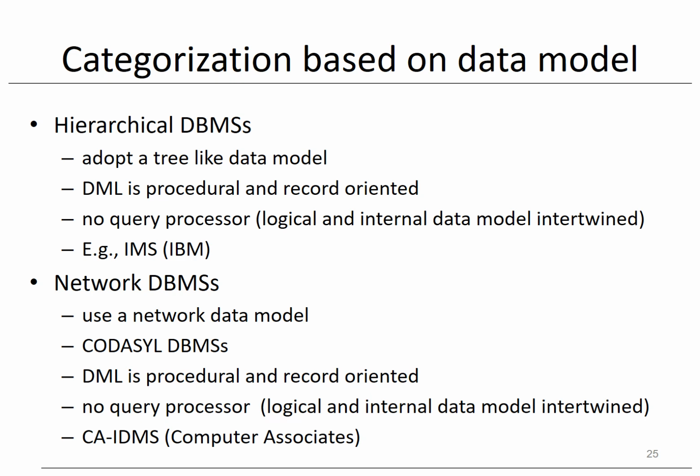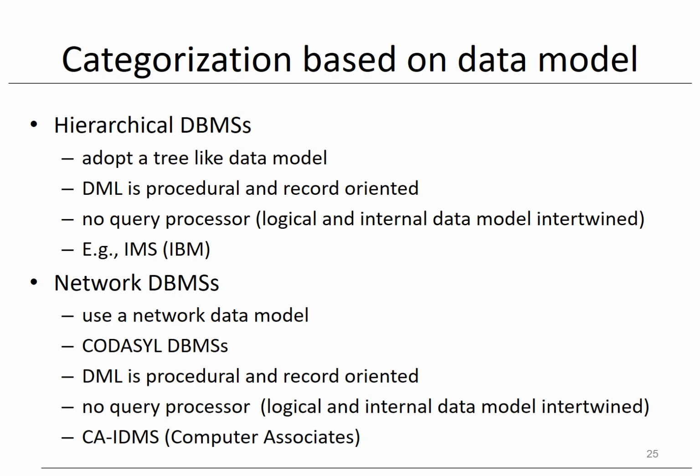Network DBMSs use a network data model which is more flexible than a tree-like data model. One of the most popular types are CODASYL DBMSs, which implement the CODASYL data model. Again, the DML is procedural and record-oriented, and no query processor is available.